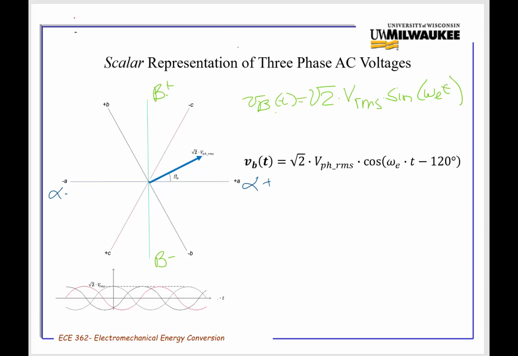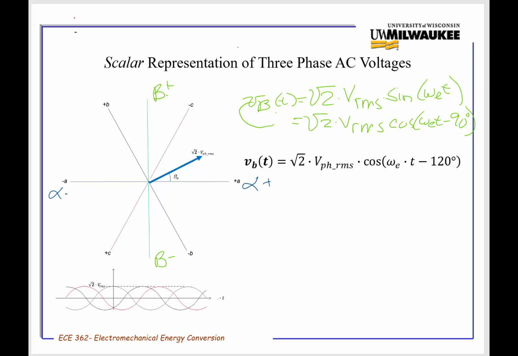Now that would have been the same thing as saying square root of 2 VRMS cosine of omega e t minus 90 degrees. These are equivalent.